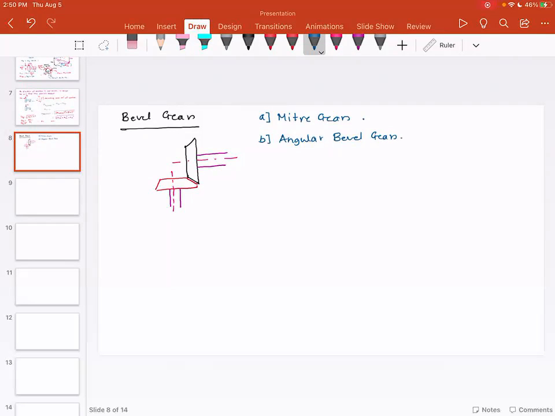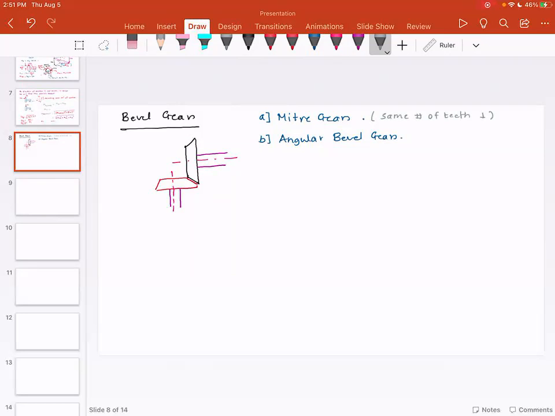So basically, in miter gears, you have the same number of teeth, and they are perpendicular to each other. And in the case of angular bevel gears, they are at an angle.